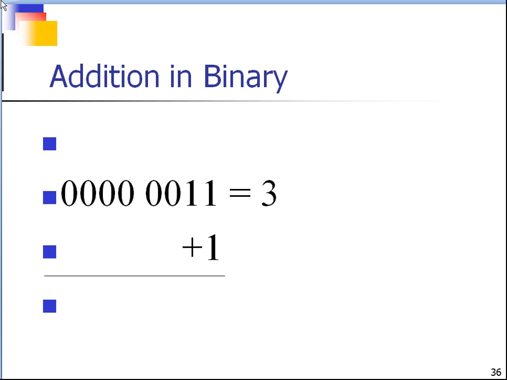Adding 1 to the highest number gets you 0, carry 1. So when we add 1 and 1, we get 0, carry 1. Now we have another 1 and 1, so that's going to be 0, carry 1. We now have 1 and 0, which is going to be a 1.